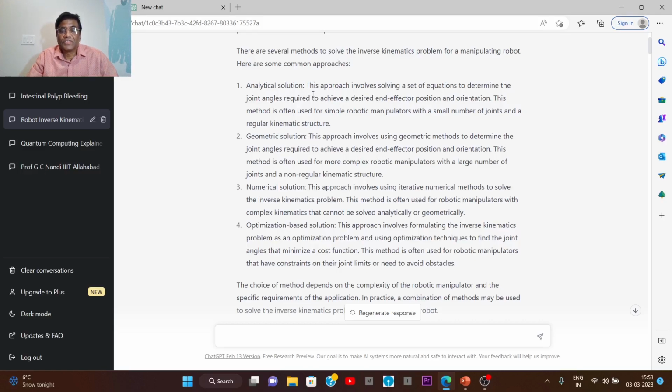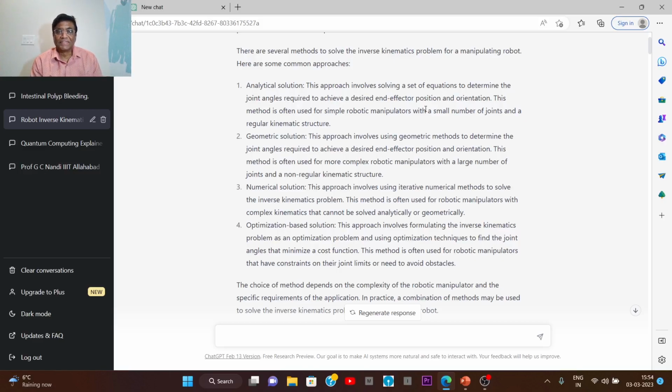So analytical solution, it is telling, the approach involves solving a set of equations to determine the joint angles required to achieve a desired end effector position and orientation. This method is often used for simple robotic manipulators with a small number of joints and a regular kinematic structure. Perfect.